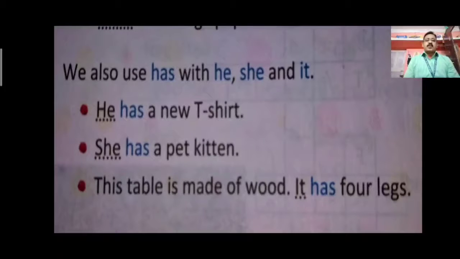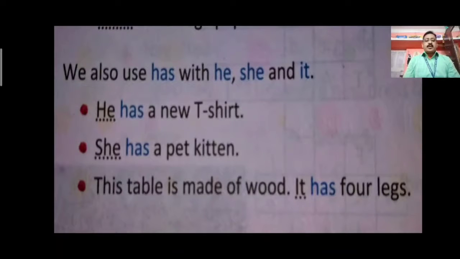We are talking about he has a new t-shirt, means he is a boy, he is having a new t-shirt. She has a pet kitten. We are talking about a girl, so it is she. She represents a girl. This table is made of wood, and wood or table we are talking about, these are 2 non-living things.